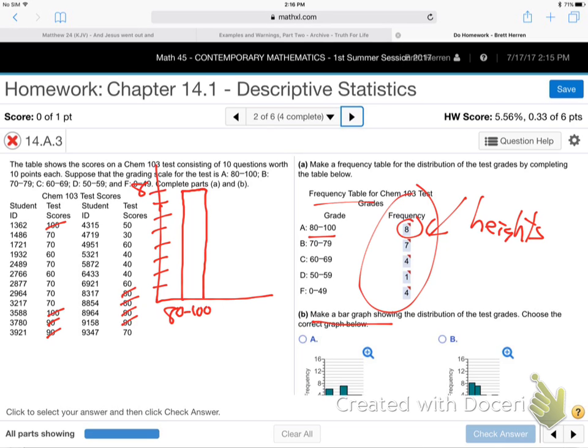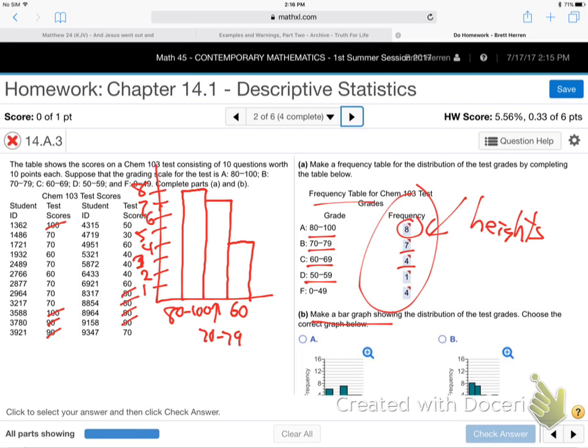The next bar is 70 to 79, which has 7 of those. Next bar is the 60s, 4 of those. Those are the 60s.